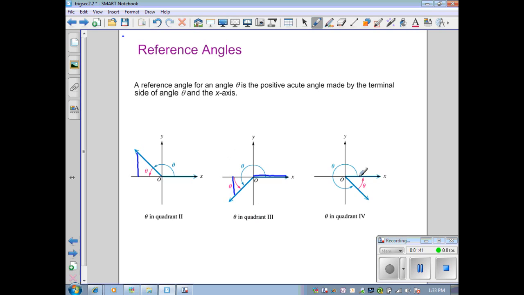And the next one is almost a complete revolution. It's going to end up in quadrant 4. Again, we have an initial side on the x-axis, and our reference angle is from the terminal side of that angle in relation to the x-axis, and this x-axis will be between quadrant 1 and quadrant 4.